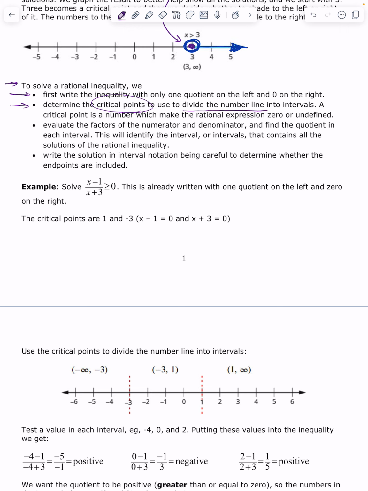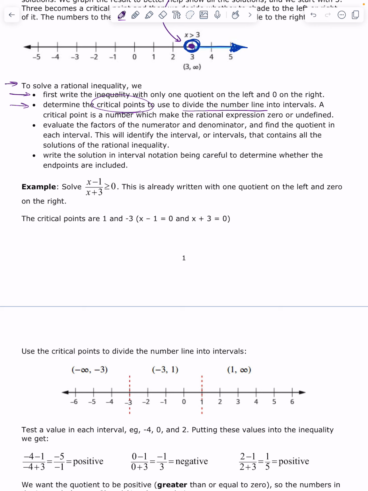Okay. Our critical points are going to happen where our expression is 0. We know that the only way our expression can change from a positive answer to a negative is if it crosses 0. That's why 0 is important. The other place that we're going to worry about is where our expression is undefined.